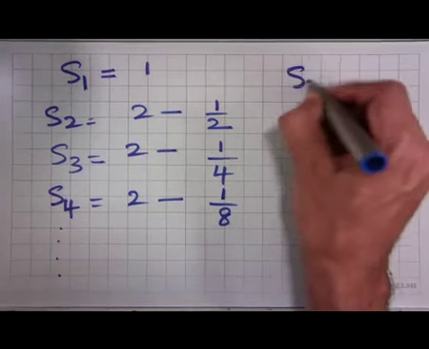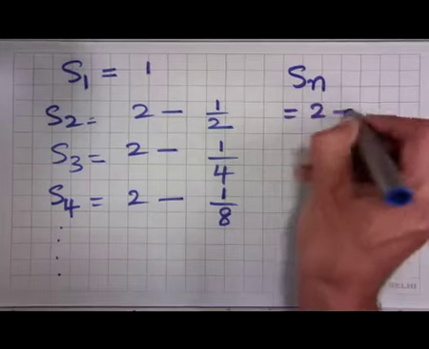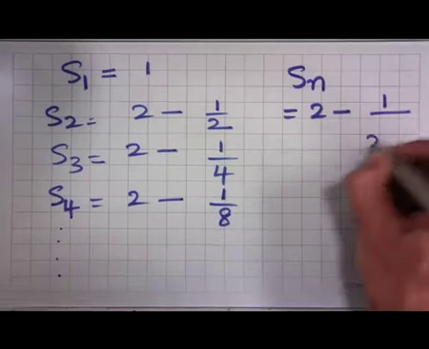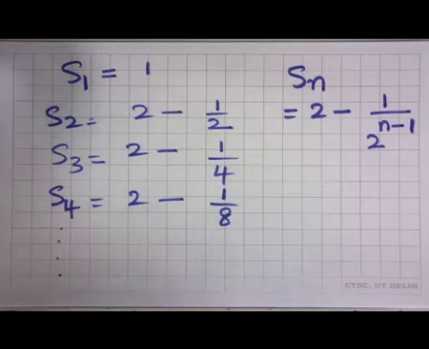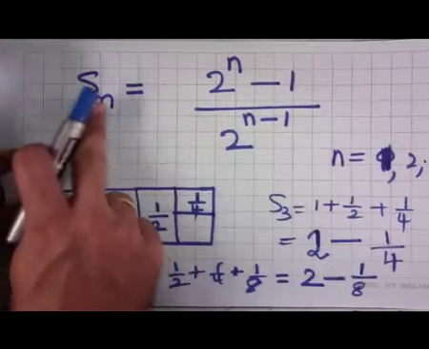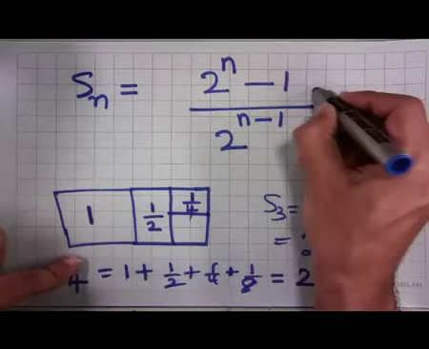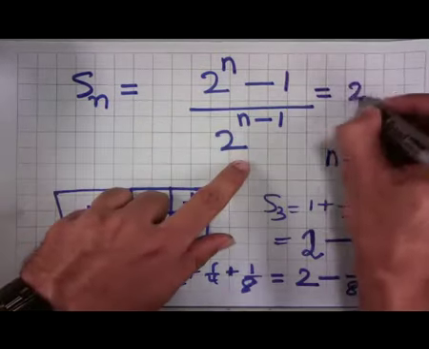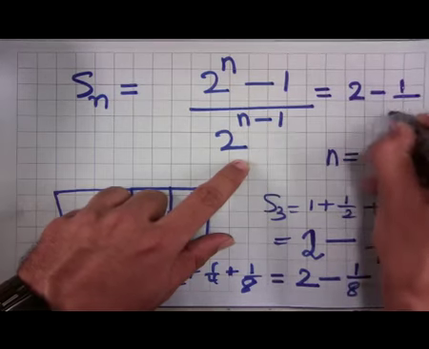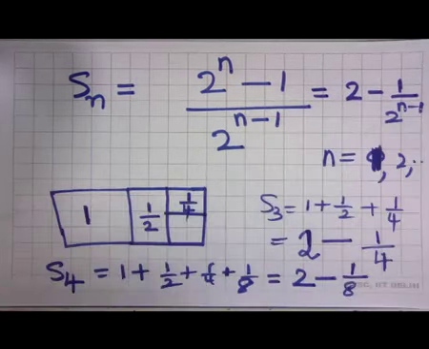Observing the pattern, Sn will be 2 minus 1 by 2 power (n minus 1). That is what we got. Sn is equal to (2 power n minus 1) by 2 power (n minus 1), which is 2 minus 1 by 2 power (n minus 1).